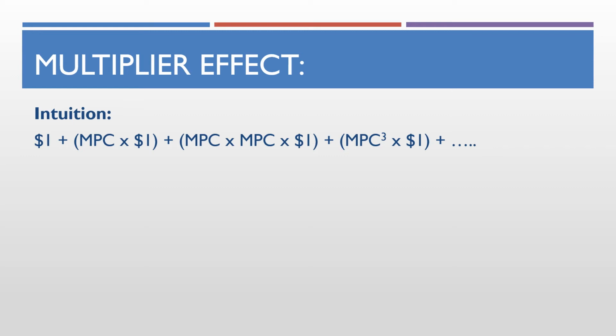Remember, in chapter 1, we talked about the principles of macroeconomics. When someone spends money in the economy, that money becomes the income of another person. So for instance, let's say you are buying a newspaper from a supermarket.